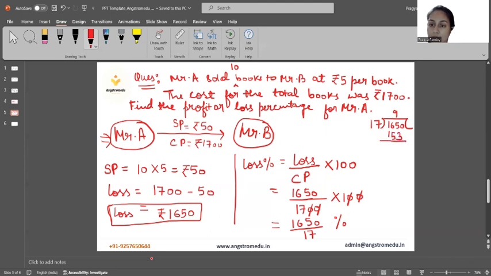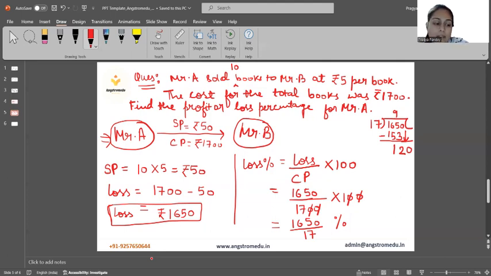If I do the subtraction, 5 minus 3 will be 2, and 6 minus 5 will be 1, and we get 120. Now the next step is to divide this by 17.